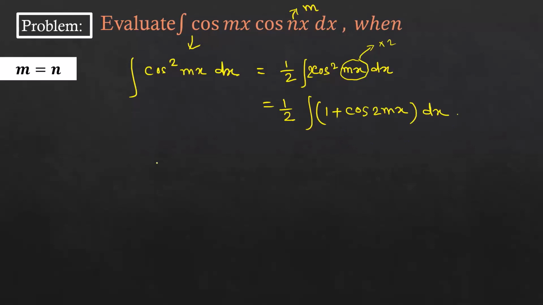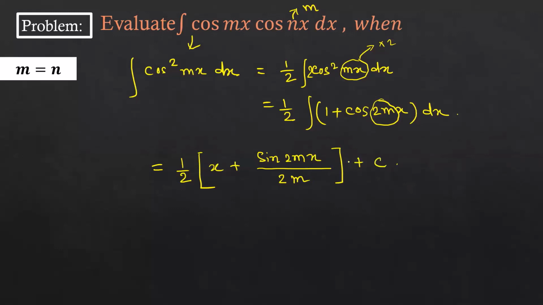So now perform the integration. You can easily do that. The first term will give you 1 by 2 into x, and the second term will give you sine 2mx by 2m, plus c. Okay, so this is the integration.